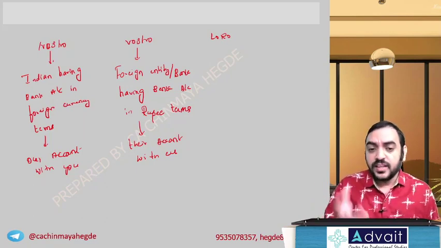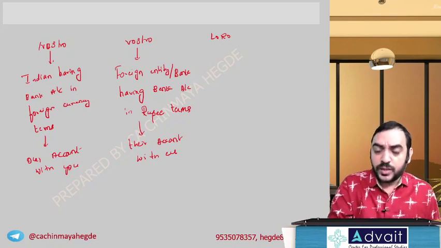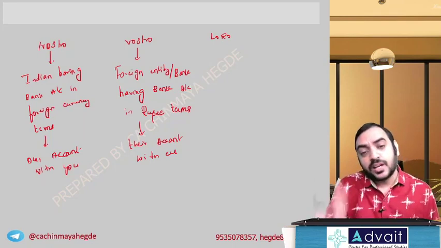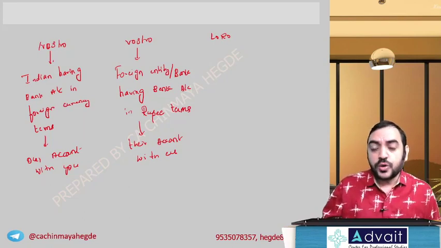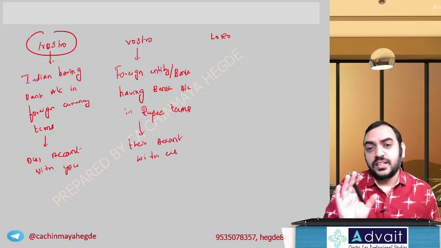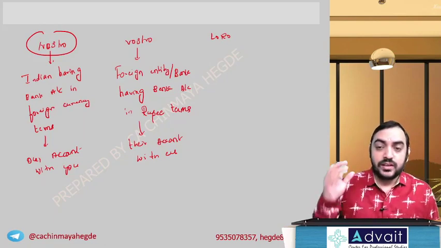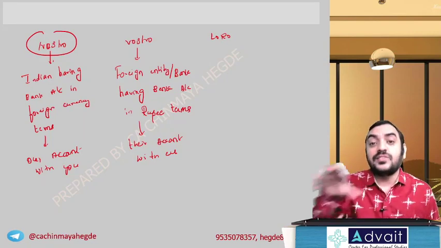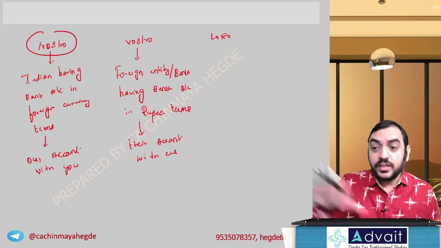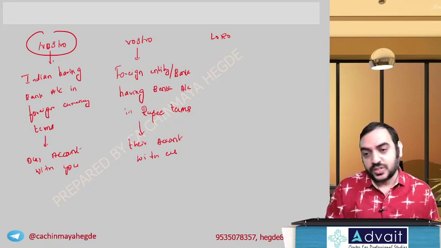Similarly, Nostro is for one person, and from the other point of view, the same account looks like Vostro. Basically, a Nostro account means maintaining foreign currency bank accounts. When a person transacts in foreign currency and maintains the transactions in a bank account in foreign currency, that is Nostro.